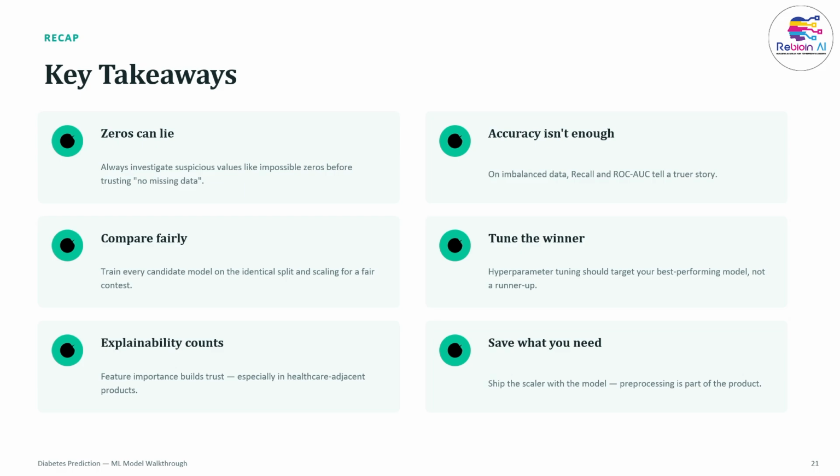Train every candidate model on the identical split and the identical scaling. Fourth, tune the winner, not a runner-up. Fifth, explainability counts, especially anywhere trust matters. Yes? And the last, that is sixth, save what you need. That is, your preprocessing, like the scaler, is a part of the deliverable, not just the model itself.